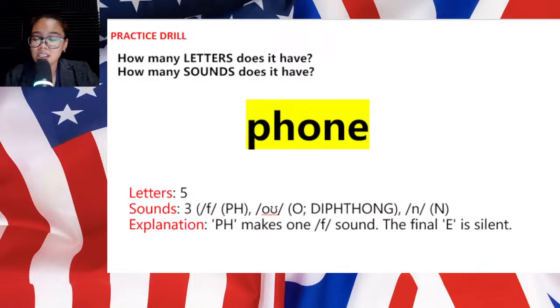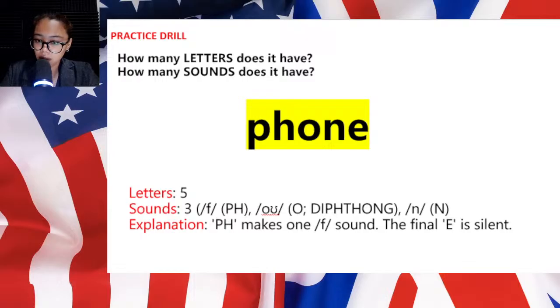So this is just the first word, but it's already kind of difficult. How we count the letters is the easy part, but how we count the sounds is a bit difficult, because we cannot know for sure unless we know the pronunciation of the word.